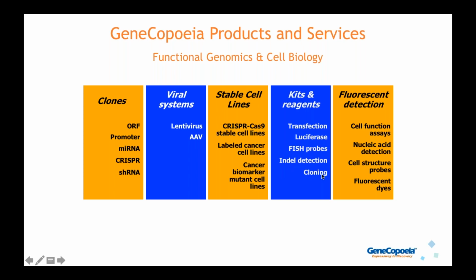I'll talk a little bit about that today, as well as a number of cloning kits. And finally, we have a large selection of fluorescent detection reagents for cell function assays, like for apoptosis. We have nucleic acid detection reagents like DNA gel stains or nucleic acid quantitation kits, cell structure probes, and fluorescent dyes. But of course, you're here to learn about CRISPR solutions, so let's talk about that.